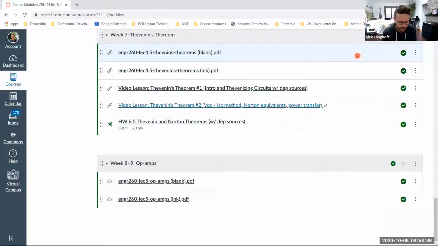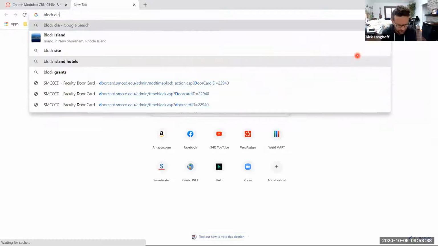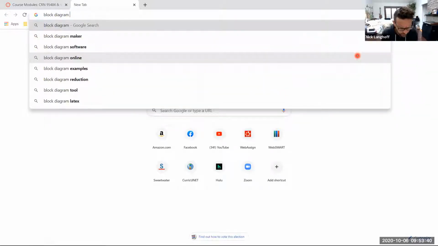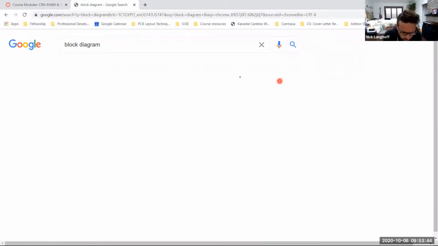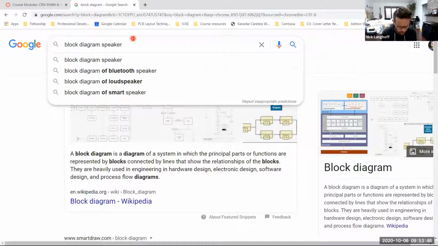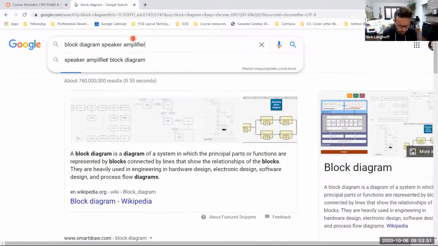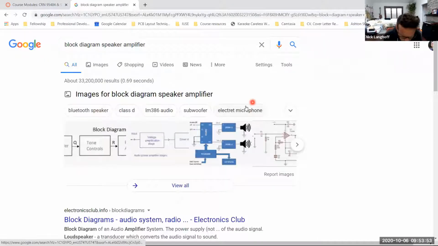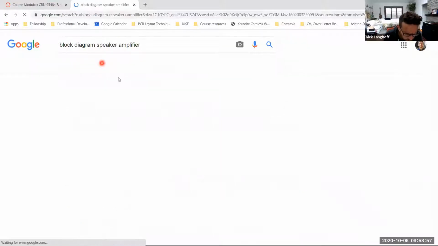You can see that if I just pull up a web search for a block diagram, for example, let's say a speaker amplifier or something like that. Let's see what we find.